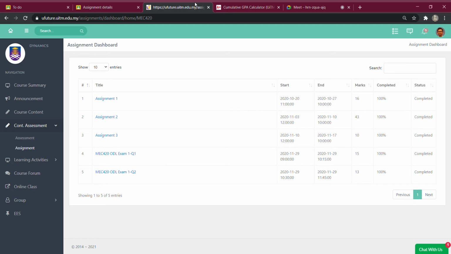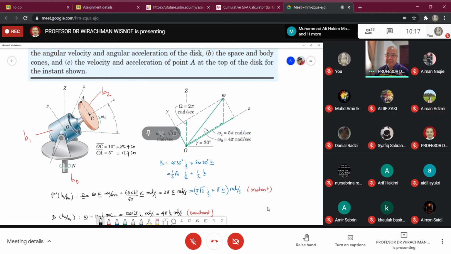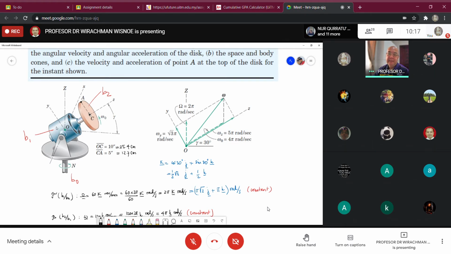And then let's say the platform is B1. In this case, the platform and the housing here are the same body. The housing doesn't move with respect to the platform, but overall, it is moving with respect to the ground.